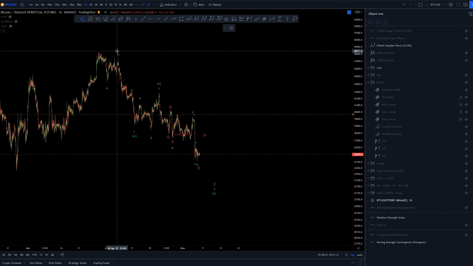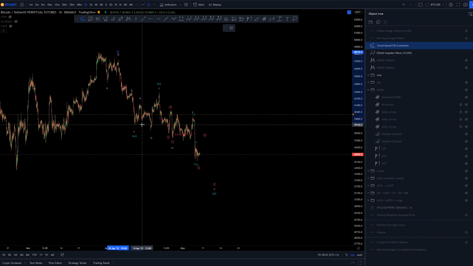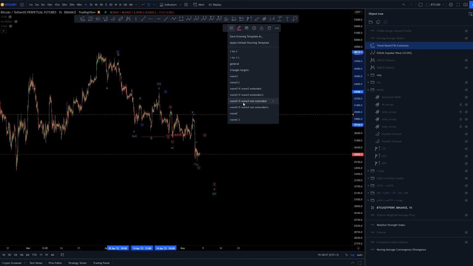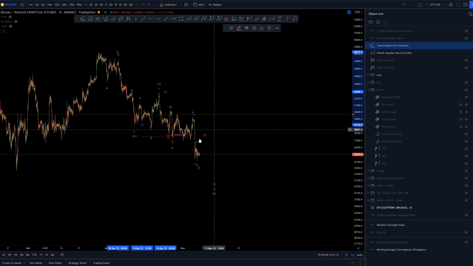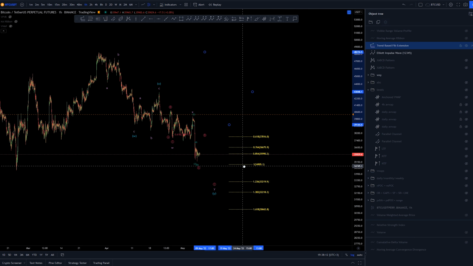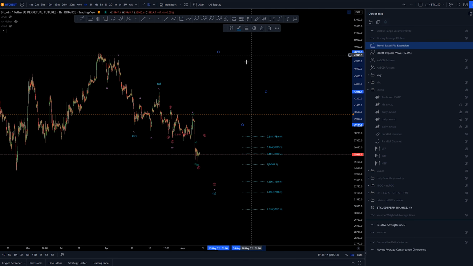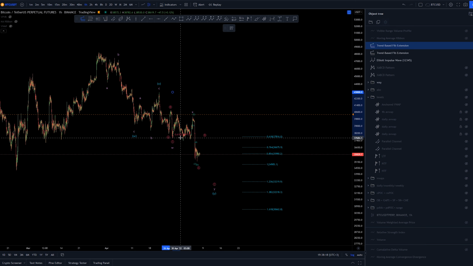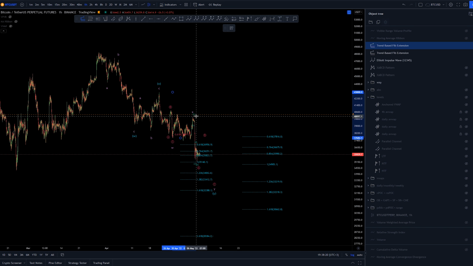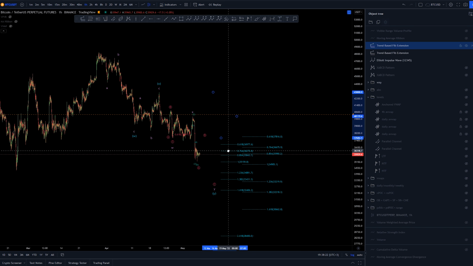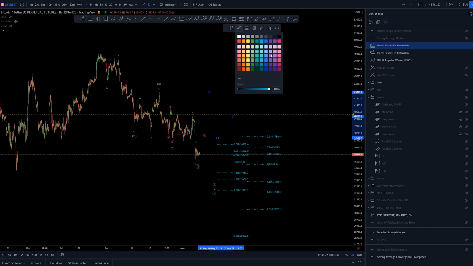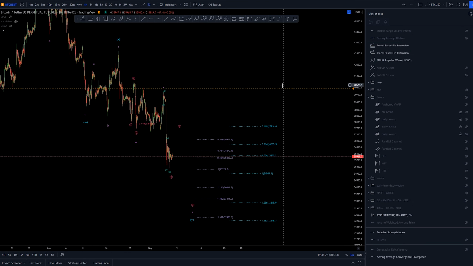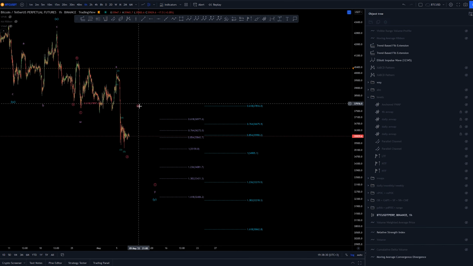Let's take a measurement for where we could expect this to end. Wave C. So these are the targets for wave C. We've already gone past some of them, but again, these are just the targets based on higher time frame targets. It is sometimes very hard to say that these targets should even be respected because of the underlying count.